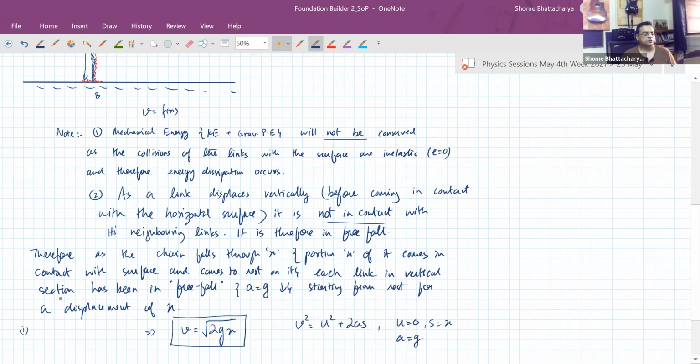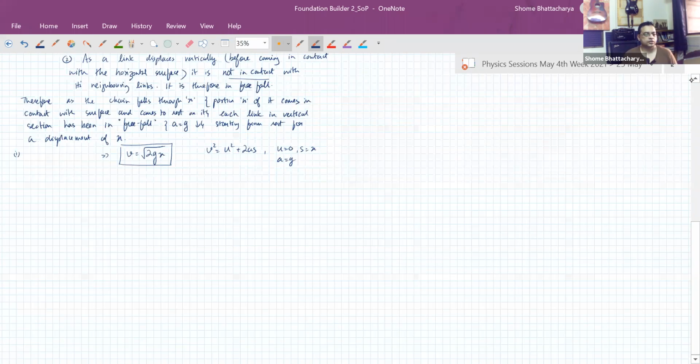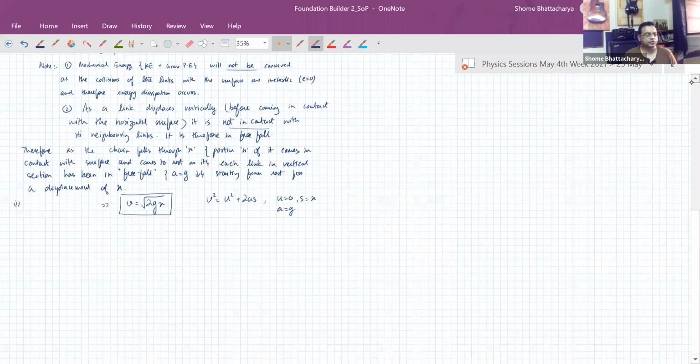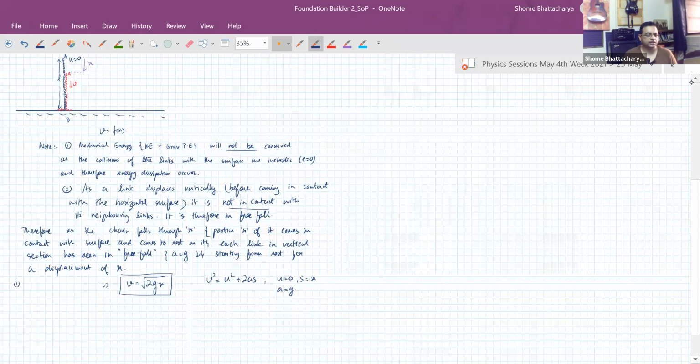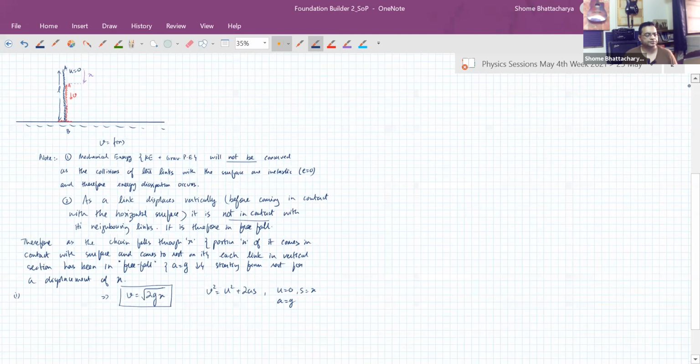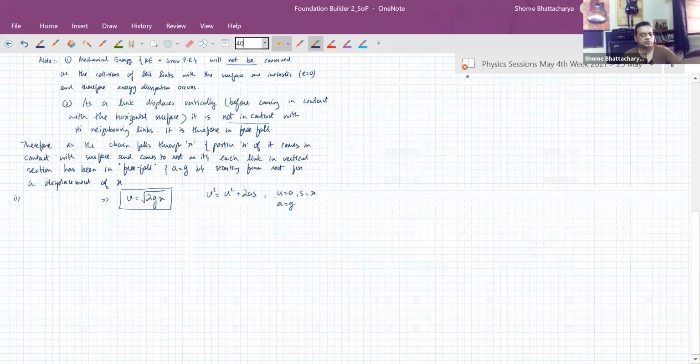In fact, it is the speed of the vertical part of the chain at an instant when the vertical displacement of the point A is x. So just make a quick note of this, then we'll move on to the second part.